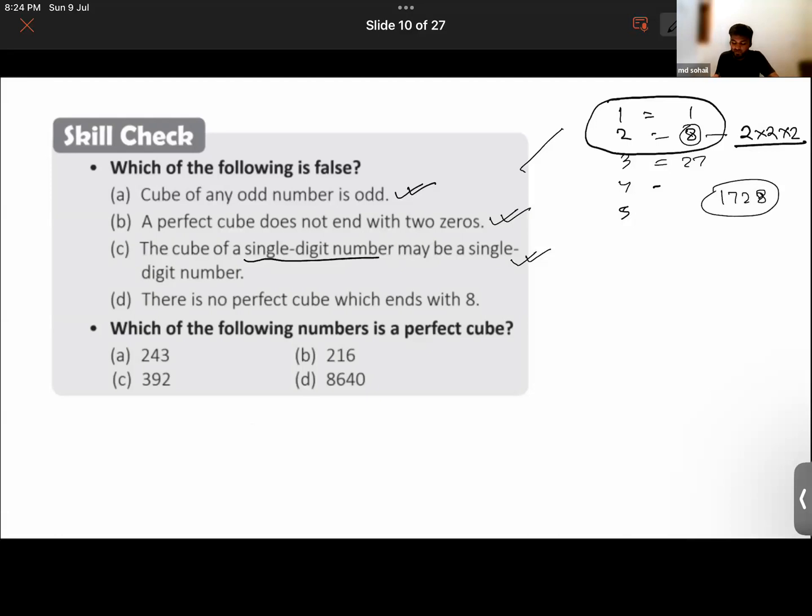Now, which of the following is a perfect cube here? That you can check using the prime factorization method. Check it and do tell me. Okay, sir, sure.